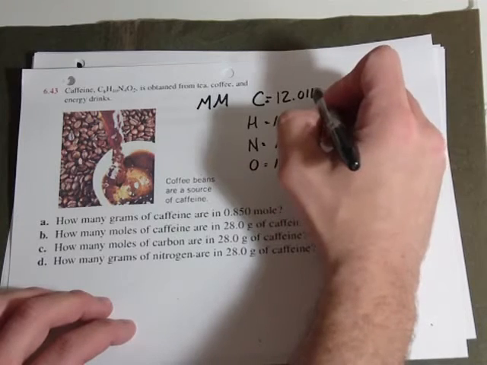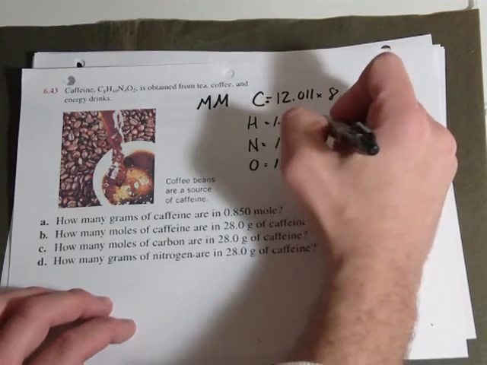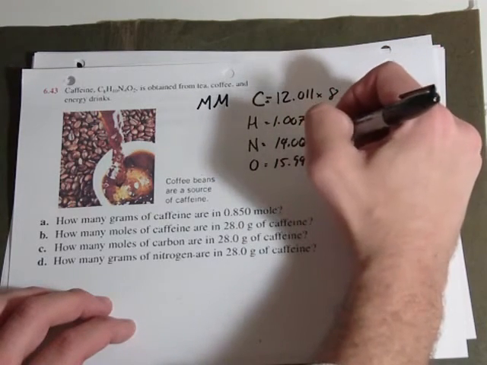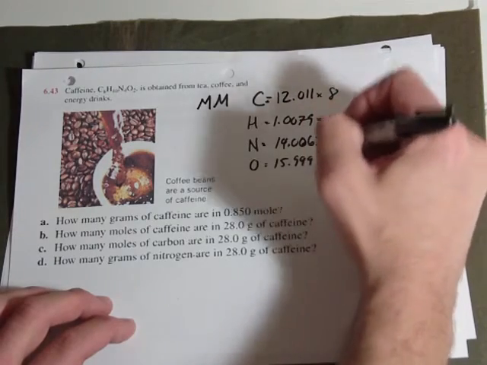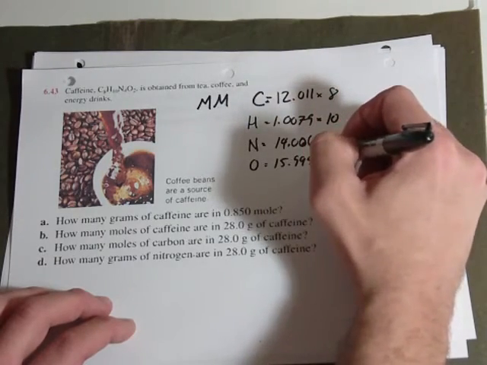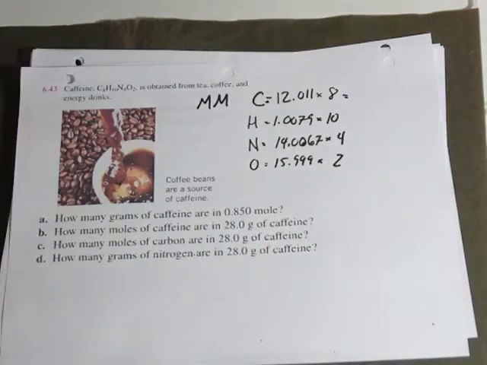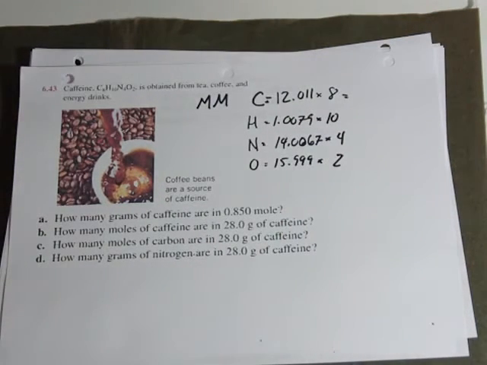We have 8 carbons, 10 hydrogens, 4 nitrogens, and 2 oxygens. So we just need to multiply these and then add them all together.